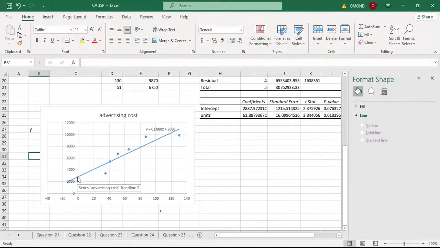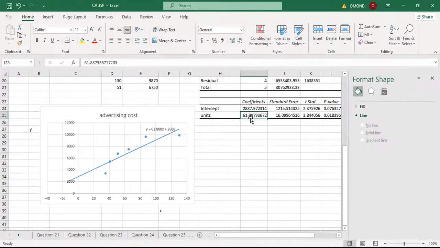So that's why you are able to see my curve does not start from the origin. It starts from this point because there are some costs which have already been incurred. So that is the 2887.97.